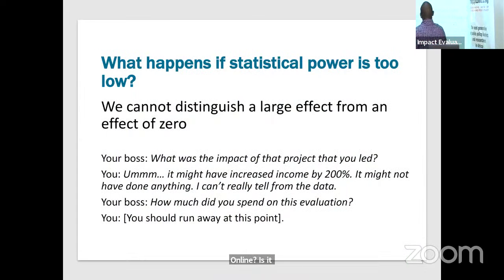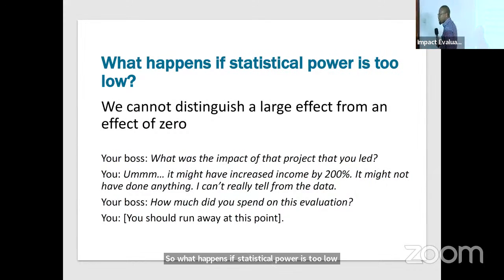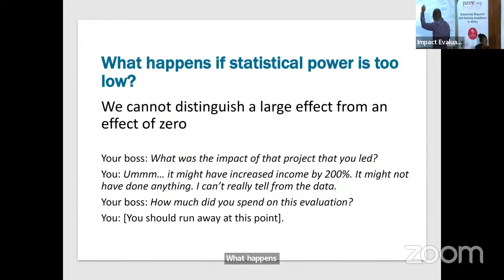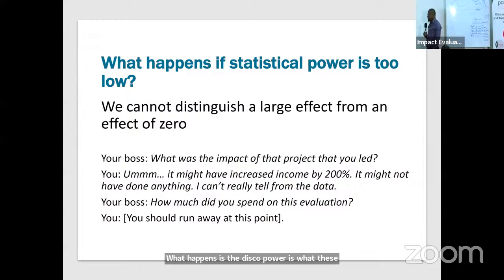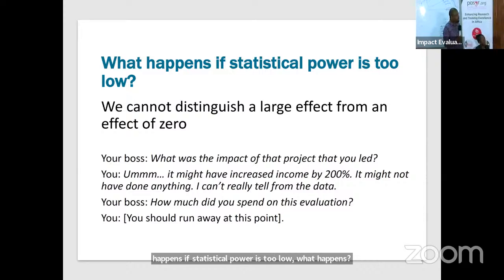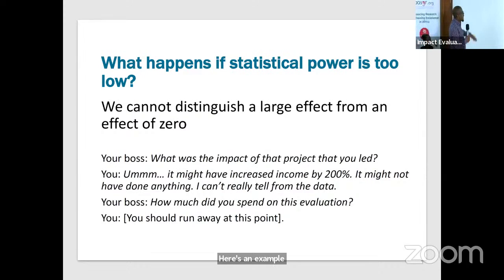So what happens if statistical power is too low? Here's an example. We cannot distinguish a large effect from an effect of zero.